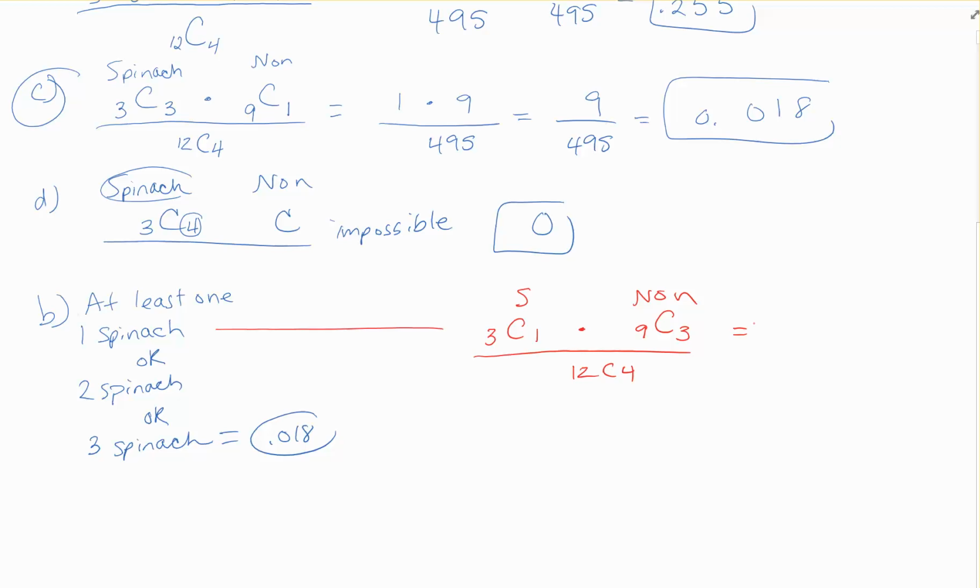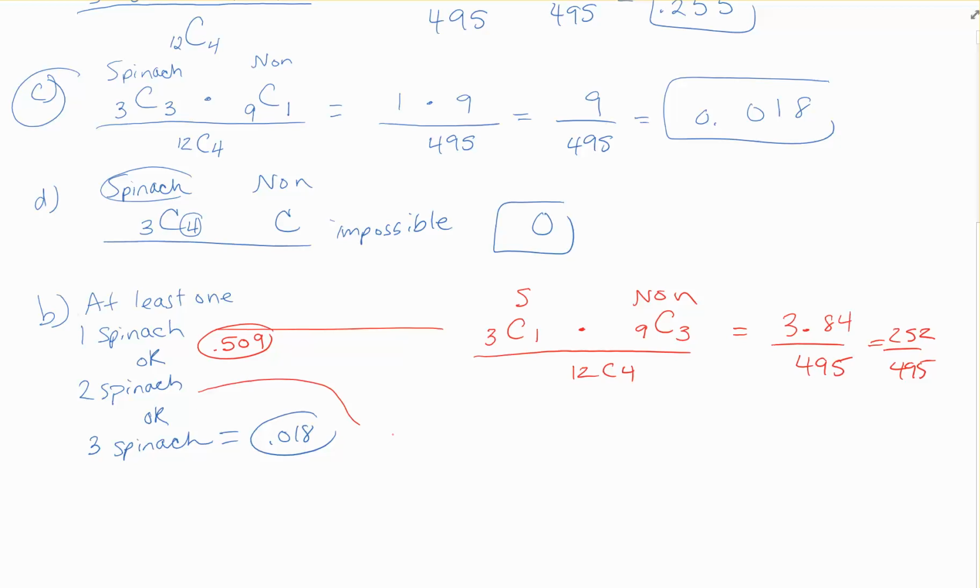So 3C1 is 3, 9C3 is 84, and then 12C4 is 495. So multiply 3 times 84 and you get 252 out of 495. So 252 divided by 495 is 0.509. So this probability is 0.509.